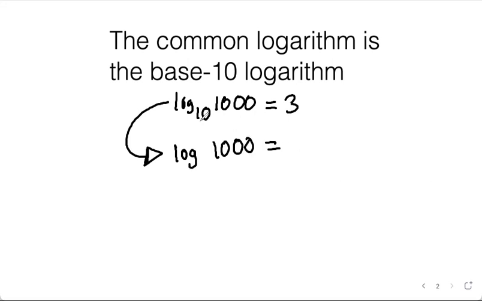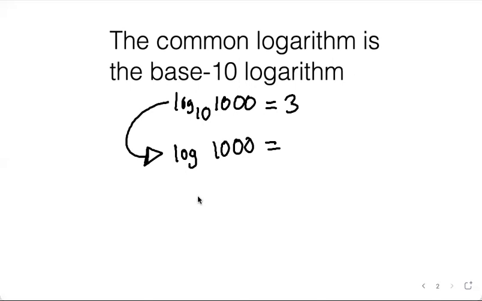There it is. What happened to the base? It disappeared, right? If you see a logarithm that doesn't have a base written, it's probably the common logarithm. The base of 10 is assumed.